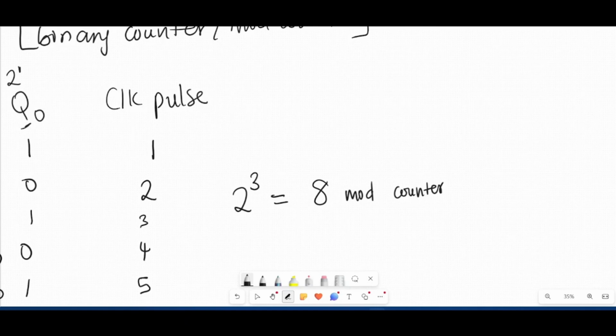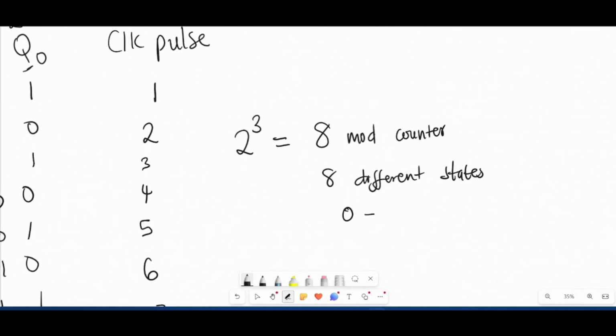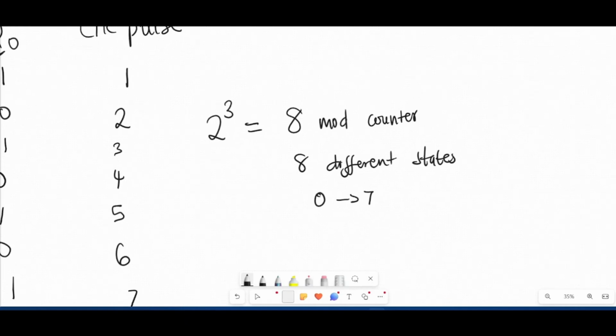And a mod 8 counter means it can count 8 different states, which is going from 0 to 7. If you count from 0 to 7 with your fingers, you're going to see that you get 8 different numbers. So after 7, there's nowhere else to go. So the flip-flop is going to reset back to 0 again and start counting to 7.